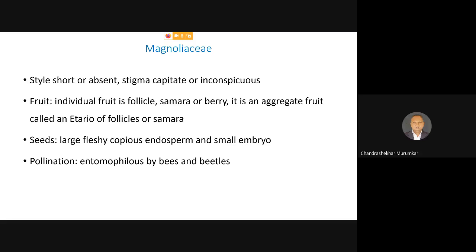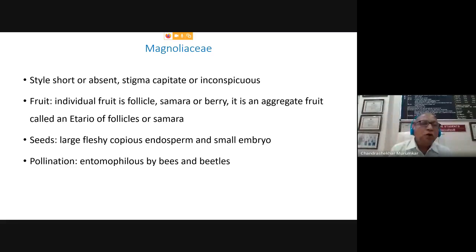These are arranged in an aggregate of fruits. This is called an etaerio. Etaerio means aggregate. So generally the fruit in Magnoliaceae is called an etaerio of follicles, or etaerio of samara, or etaerio of berry. This is a distinguishing, unique character of the family Magnoliaceae.